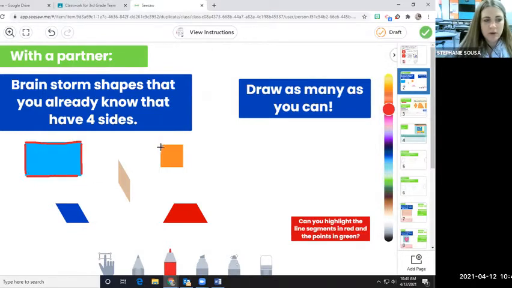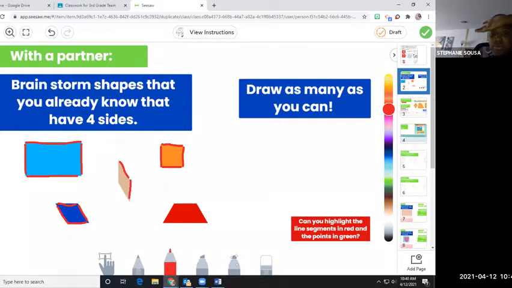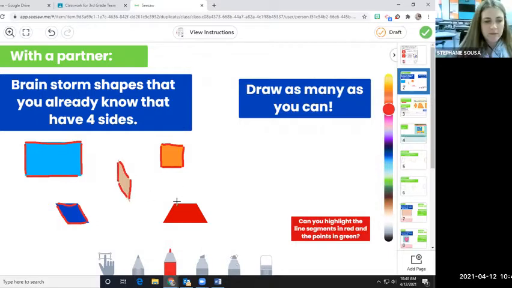Line segment of the square is each of the sides. Line segment of the rhombus is each of the sides. Line segments of the parallelogram are each of the sides. Line segments of the trapezoid are each of the sides.